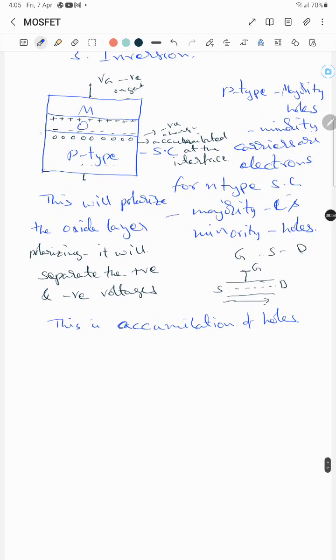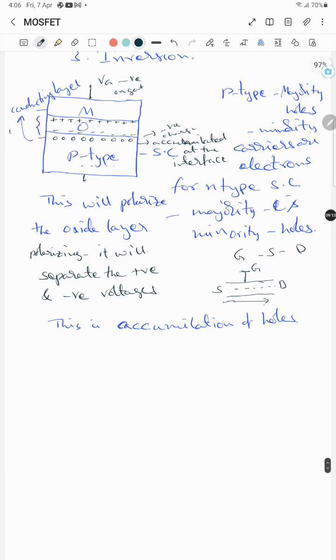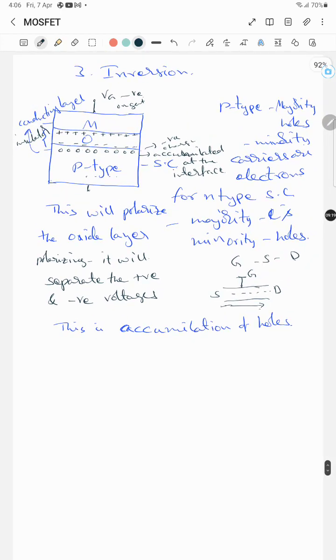So now there is a conducting layer, the metal, and this is also a conducting layer. Between the two there is an insulator. So now this resembles a parallel plate capacitor.